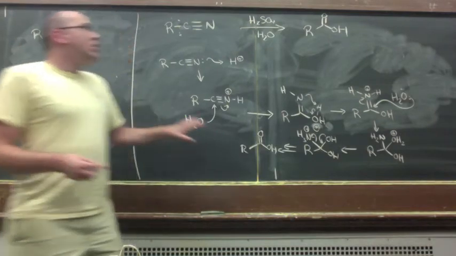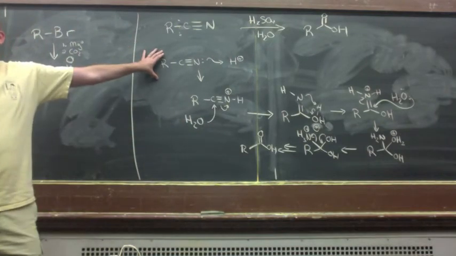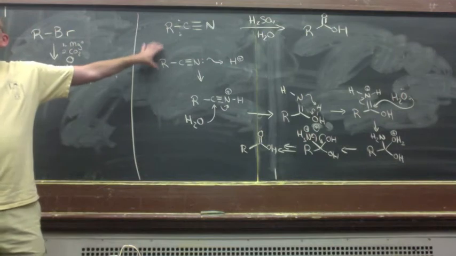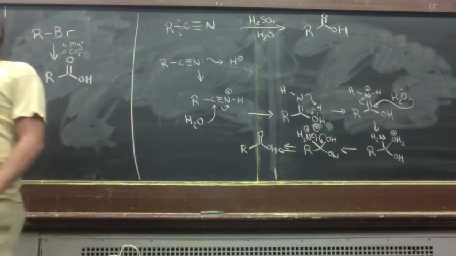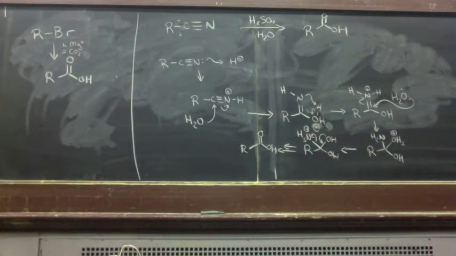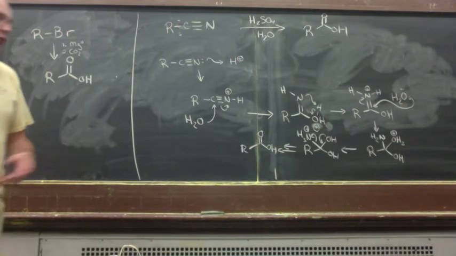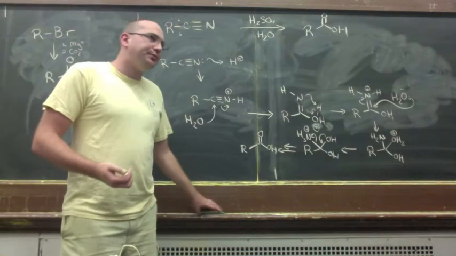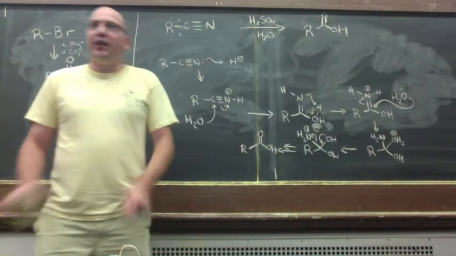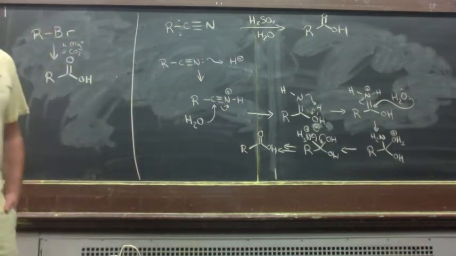So you should be able to see parallels between the hydrolysis of a nitrile and the hydrolysis or modification, if you want to call it that, of a carboxylic acid.